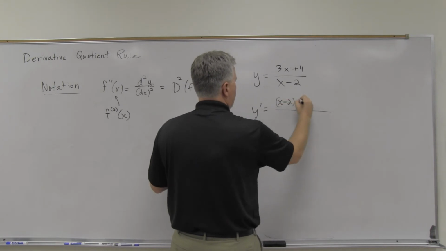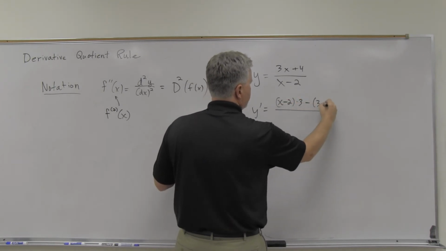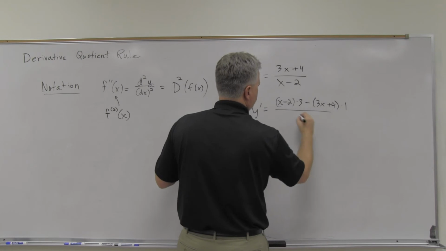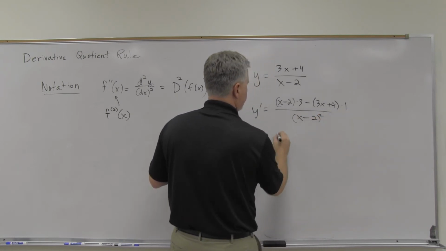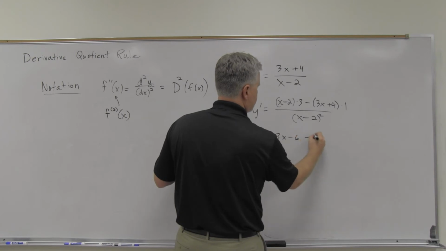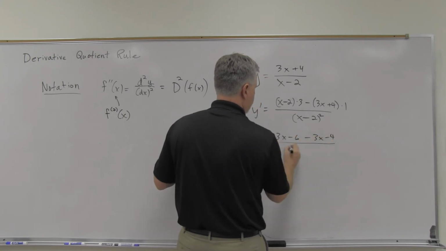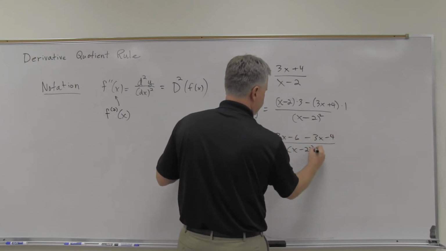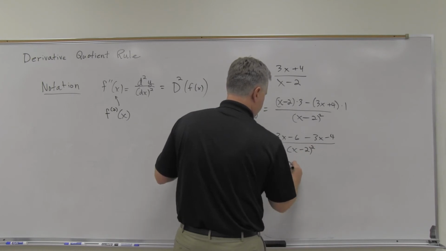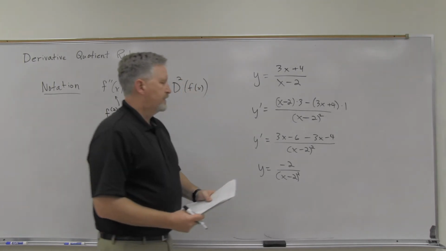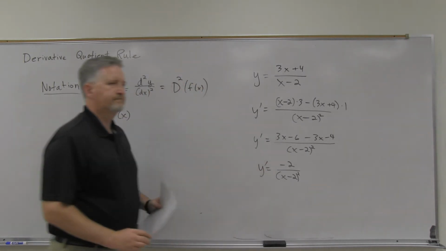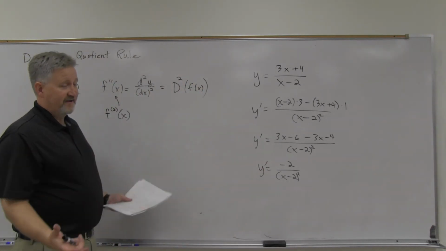Low d high, minus high d low, over low squared. So we get 3x minus 6 minus 3x minus 4, negative 2 over x minus 2 squared. Okay, this is first derivative. What about the second derivative?